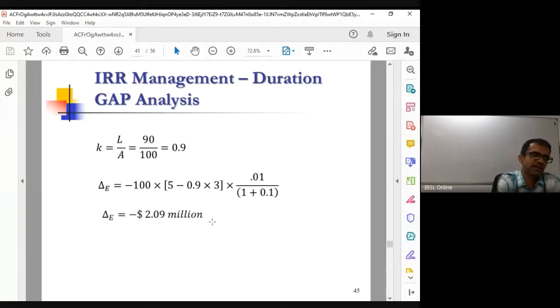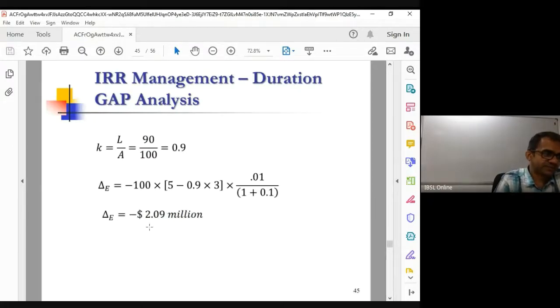Remember, I mentioned at the very beginning of today, the main objective of a bank in this business is to create value for the shareholder. So what has happened here, shareholders' value has decreased. So that's the risk. So you should have an assessment of what would be the risk to the shareholders' value, whether it's acceptable or not.